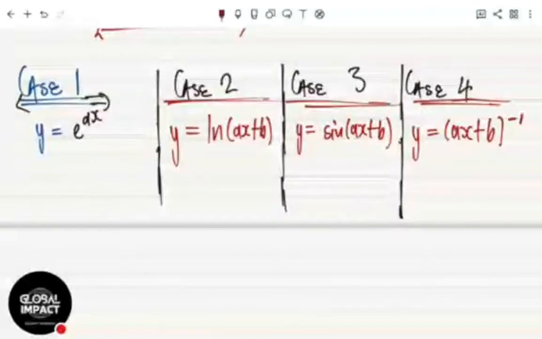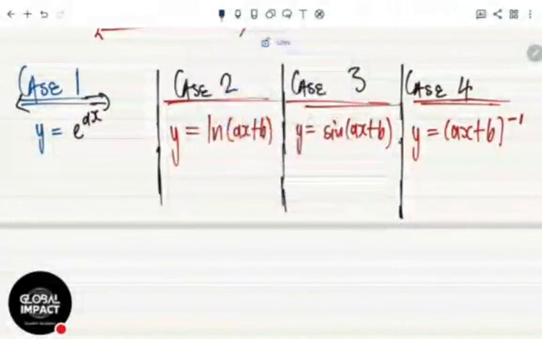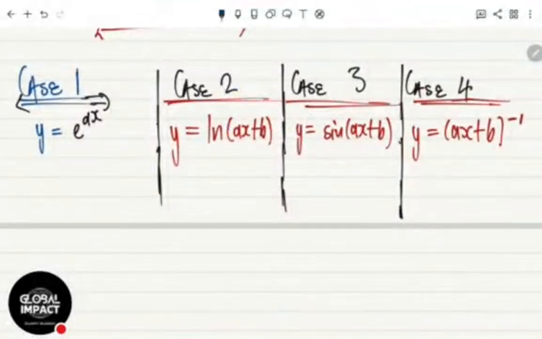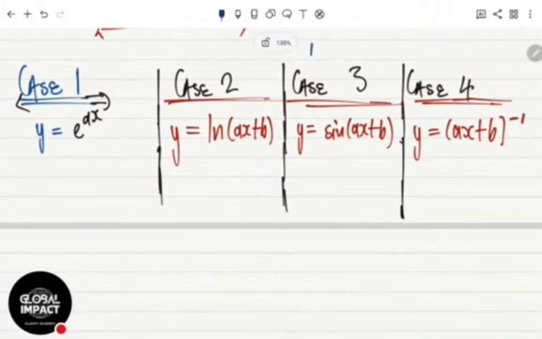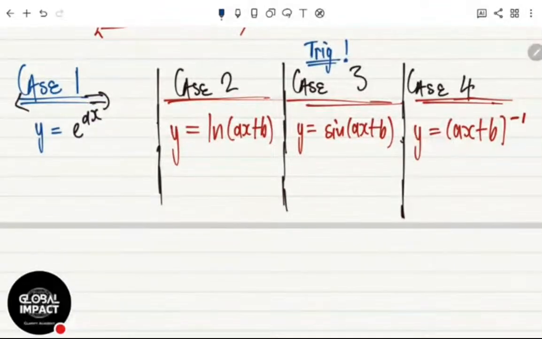Here are the 4 cases which you are going to need to know the nth derivative of. When we say you want to find the nth derivative, we want to see what the formula will look like.